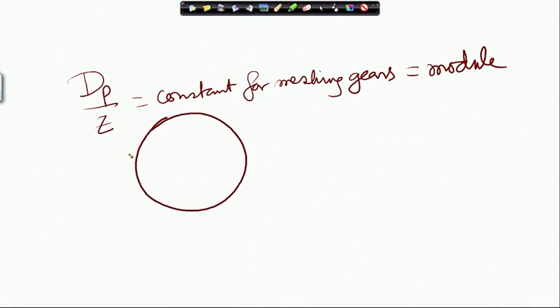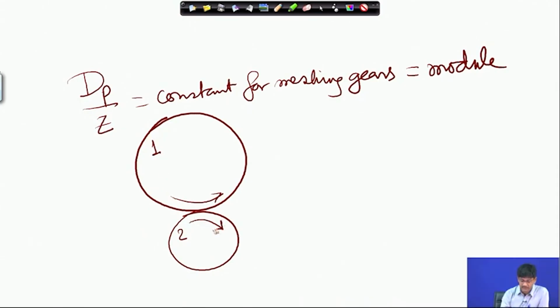So, we express two gears this way, and then we say that suppose this is gear 1 and this is gear number 2, they are in mesh with each other, and this has say 40 teeth, Z1 equal to 40 and Z2 equal to 20.